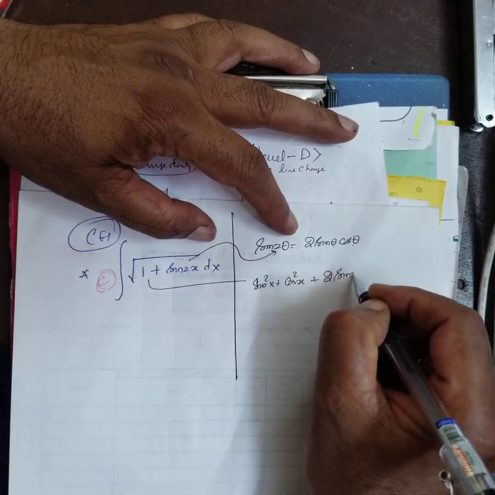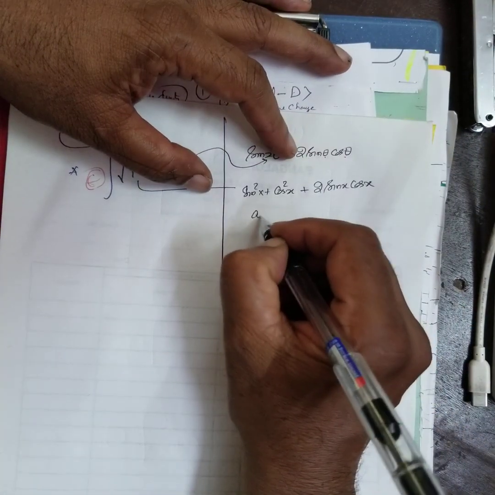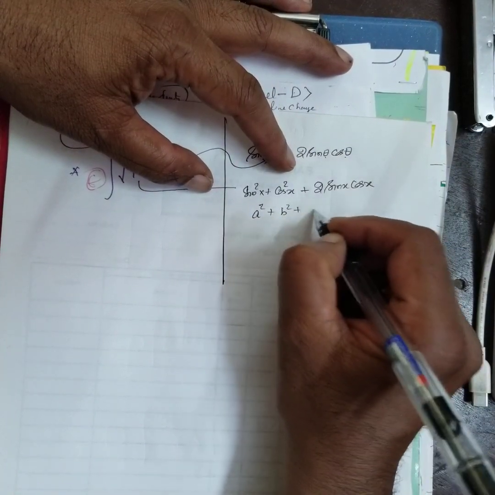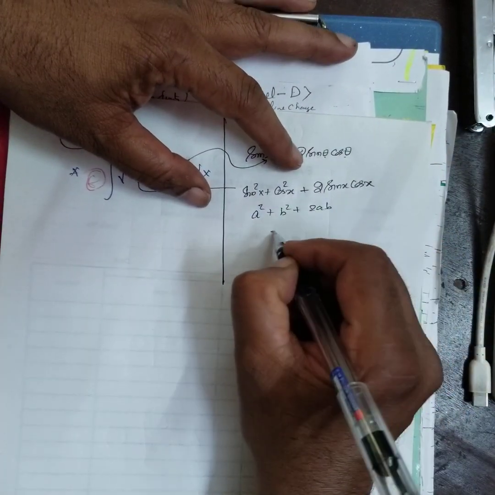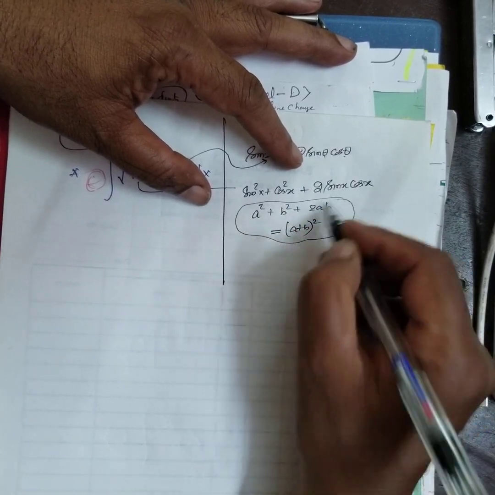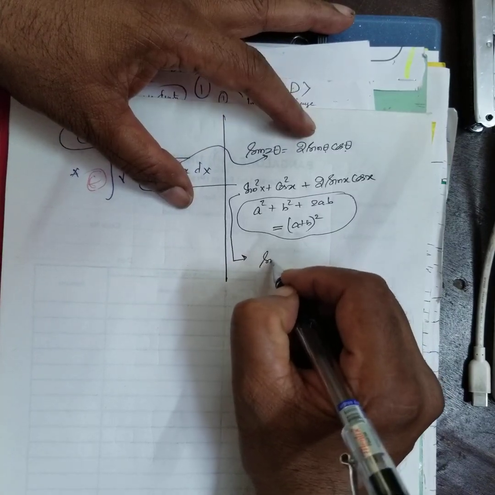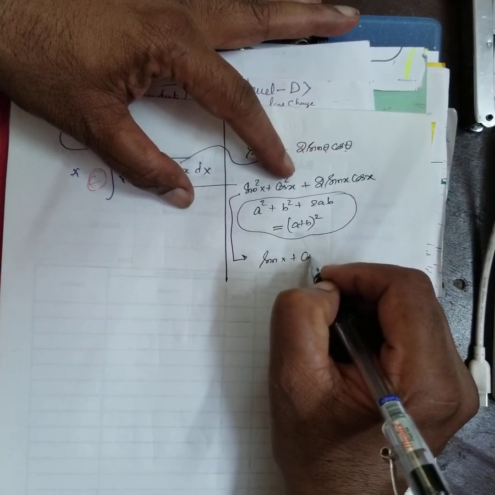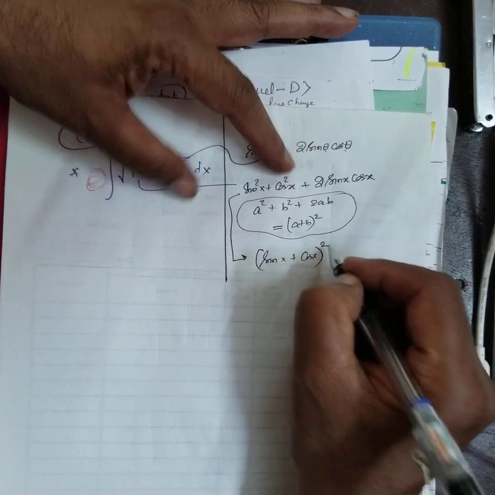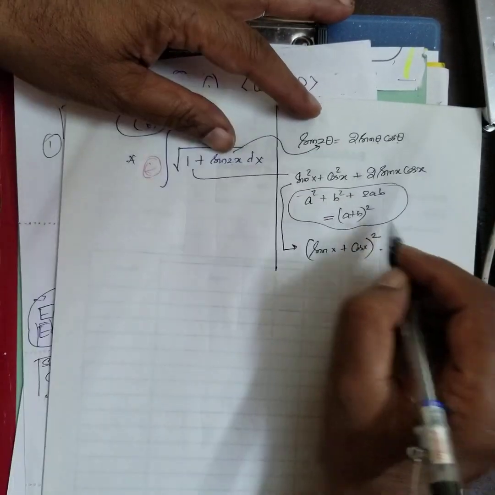This can be written as a square plus b square plus 2ab. This is same as a plus b the whole square, is it not? Therefore this can be written as sin x plus cos x the whole square, right? Therefore this, you remember this.